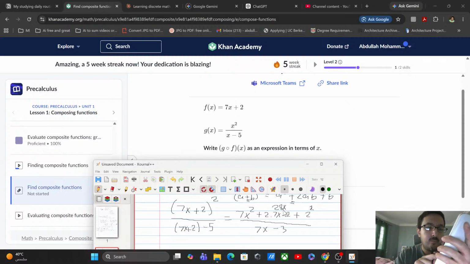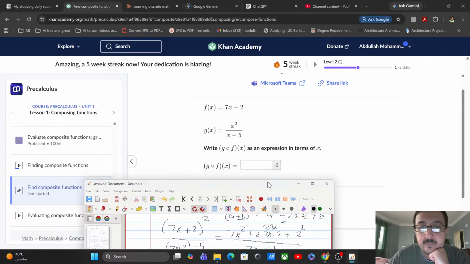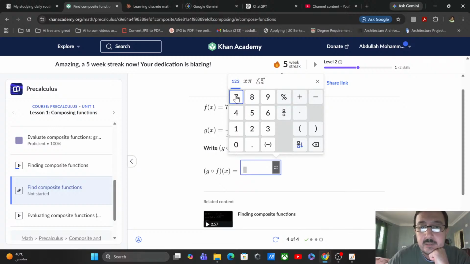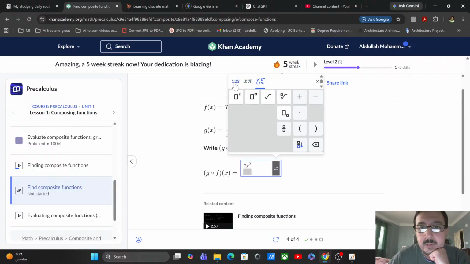Okay. 2 multiplied by 2 multiplied by 7, that's 28. So I got 7x squared first. Let's get this. And then 7x to the power, what is it? Here, power 2.